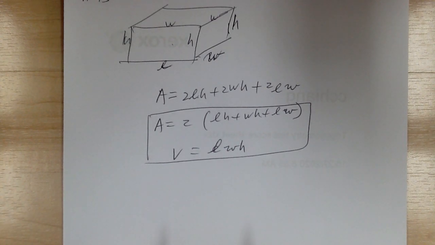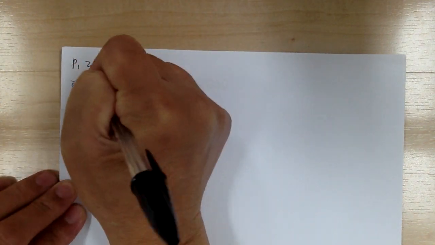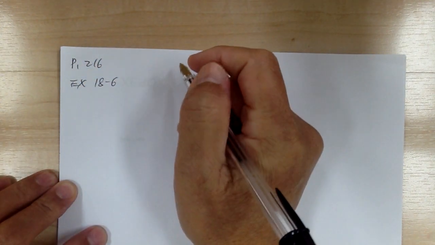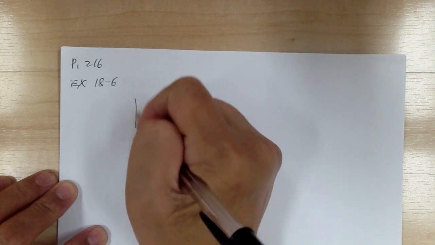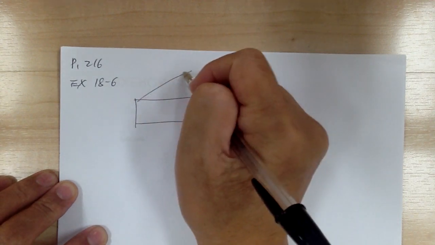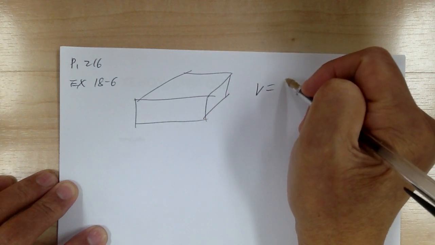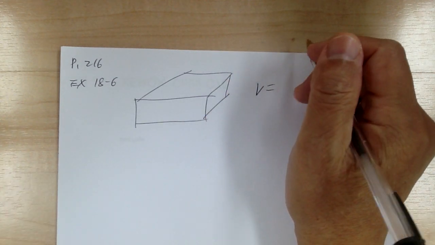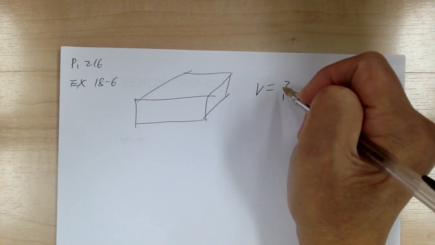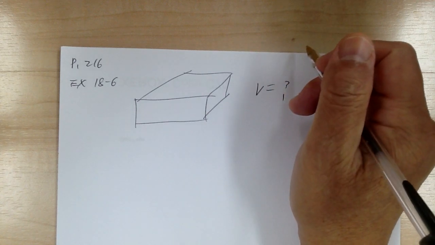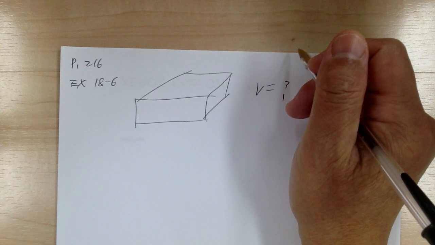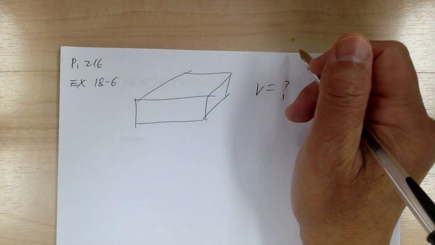Okay, let's go to example 18-6. It says find the volume of the box which has a diagonal length of square root of 35 and 2 dimensions of 1 and 5.